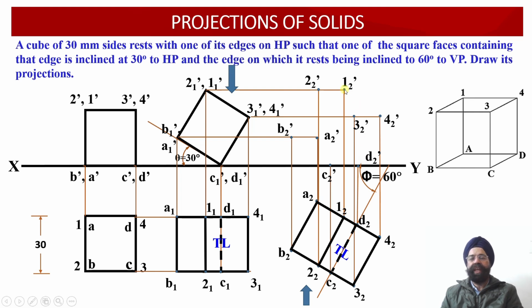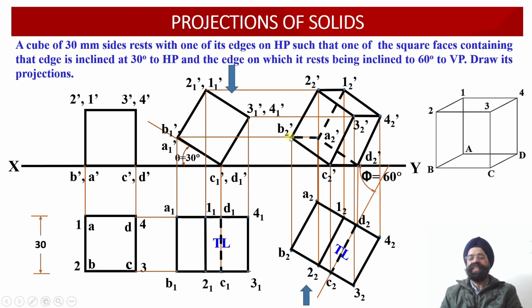So let us join, and we find that there are 3 edges joining A2 dash. All these three edges have been drawn dotted because they are not falling in the boundary. And the rest of the edges we have drawn using the object line. Since the observer is going to look at the solid in the top view from this orientation, A2 point is farthest away from the observer.